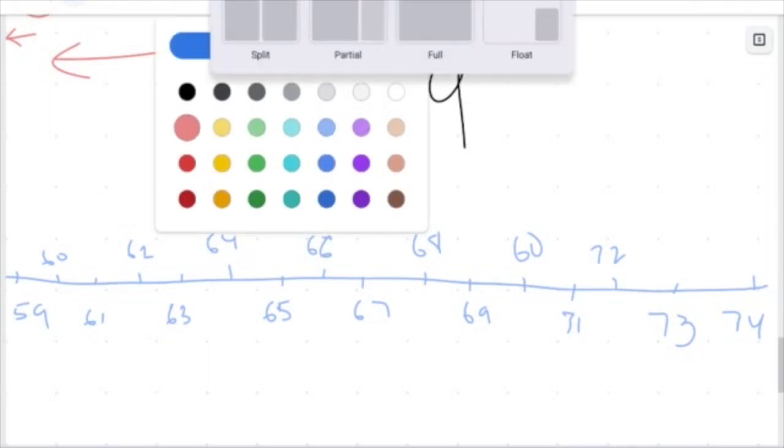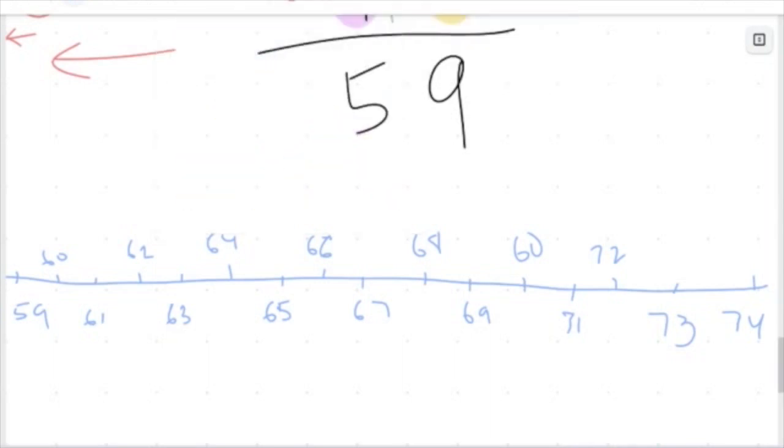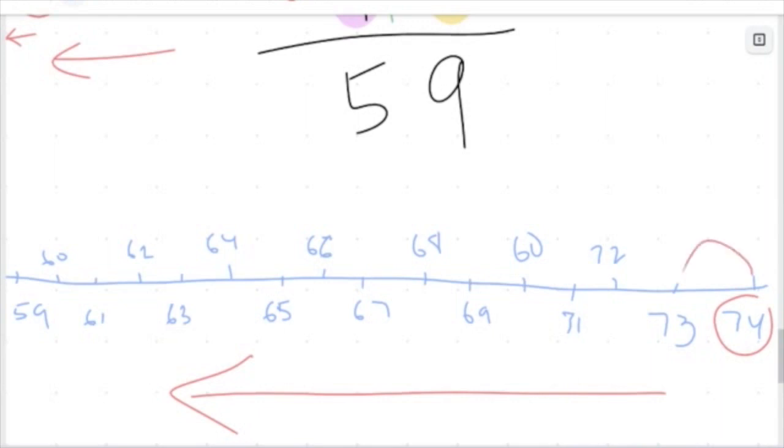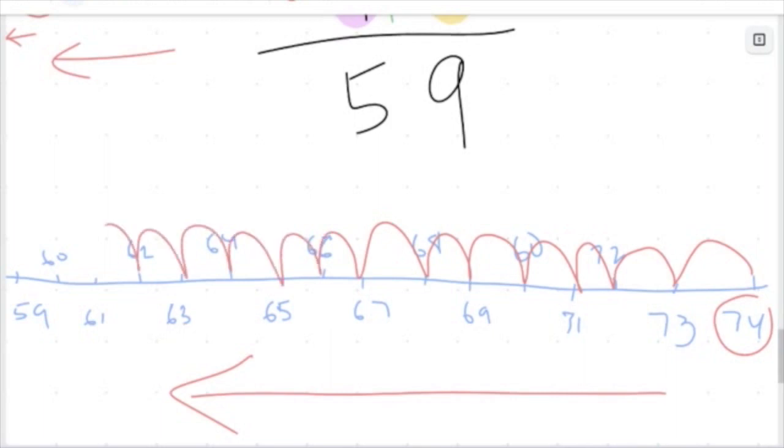Now, in the same way, if I want to subtract along my number line, I'm going from 74 and I'm going 15 places to the left. I'm subtracting 15 here. So in doing that, I get 1, 2, 3, 4, 5, 6, 7, 8, 9, 10, 11, 12, 13, 14, 15. I've minus 15 from 74. So this is just to show you that it does work.